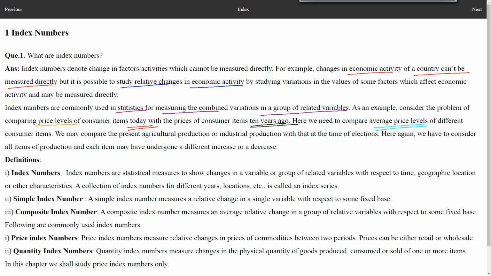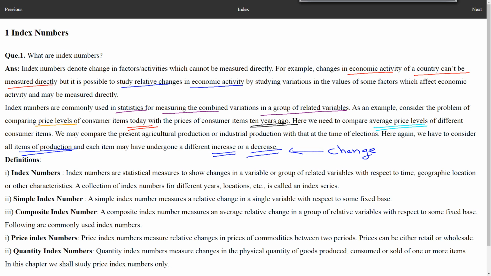Here again we have to consider all items of production, and each item may have undergone a different increase or decrease, that is a change, and thus we are measuring changes in prices.